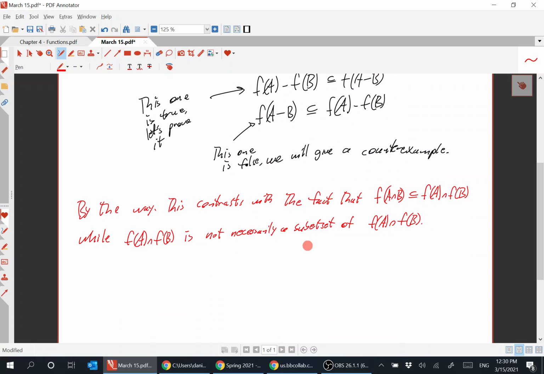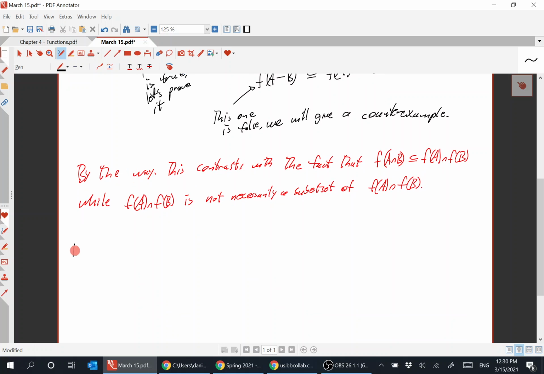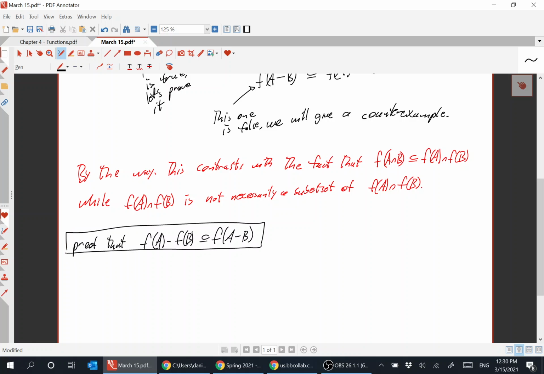So let's give a proof. Here's the proof that f of A minus f of B is a subset of f of A minus B, or image A minus image B is a subset of image A minus B. So how do we do that?